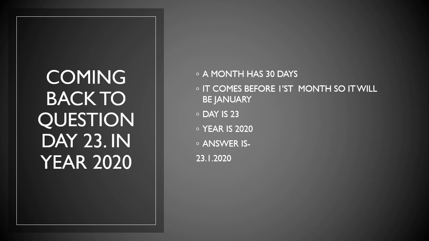It is January of course, so it has 31 days. And now we have 23 as the date, and we got the month too, it's January, right? The year is 2020, so the date will be 23rd January 2020.